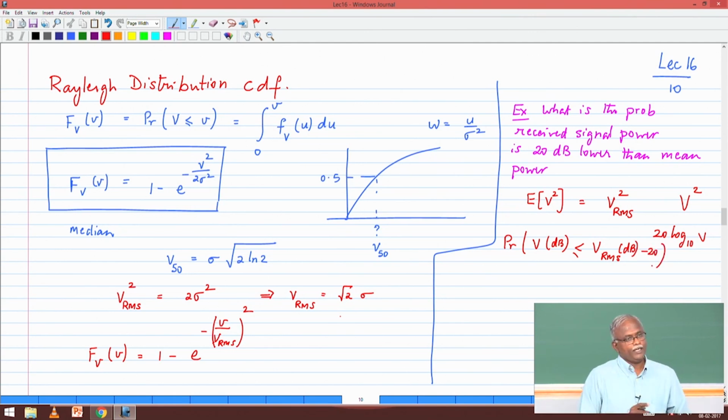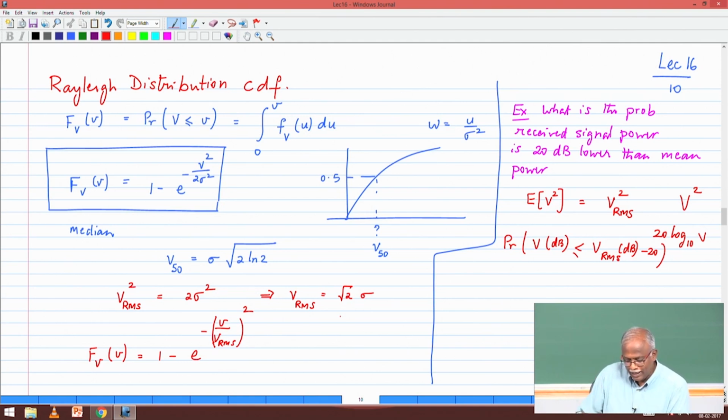Am I correct? That's the question that is being asked. What is the probability that the instantaneous received signal power is less than the mean signal power by 20 dB? It's a very, very useful question.